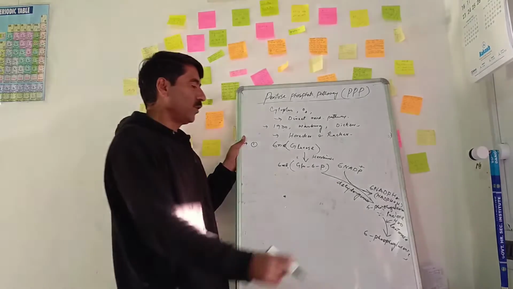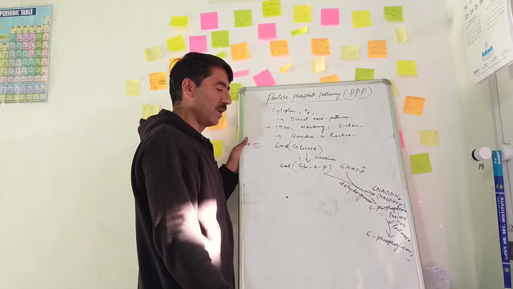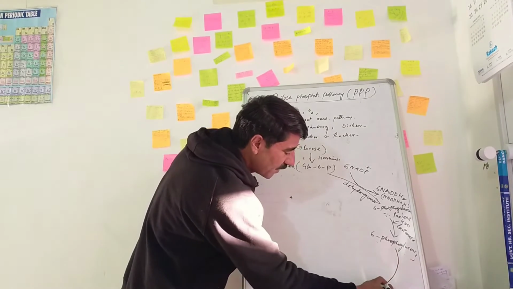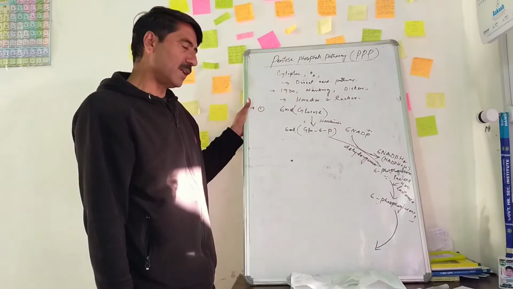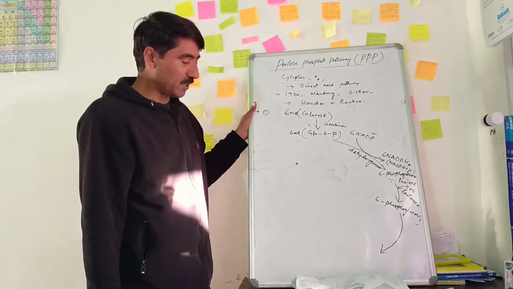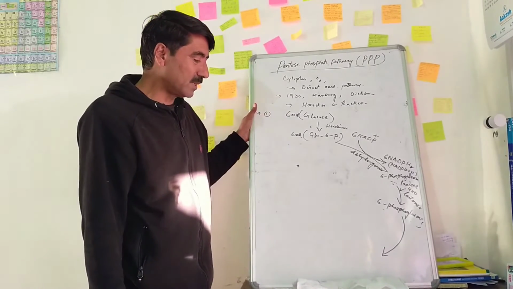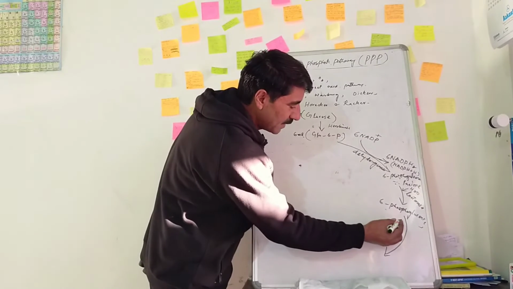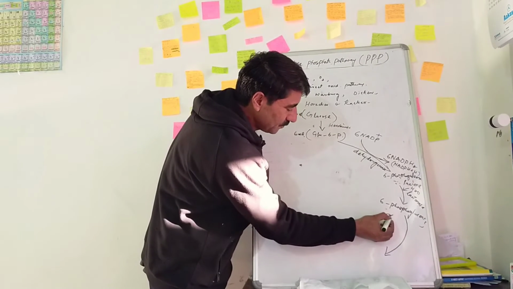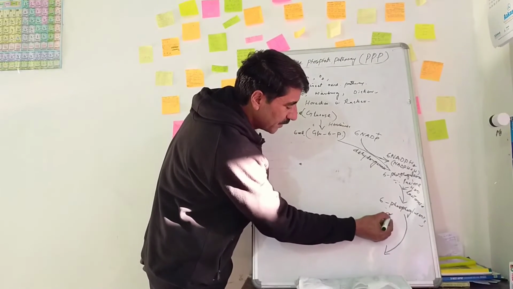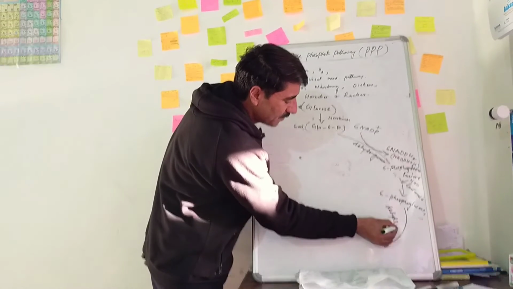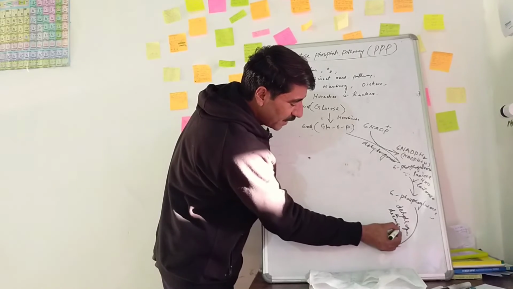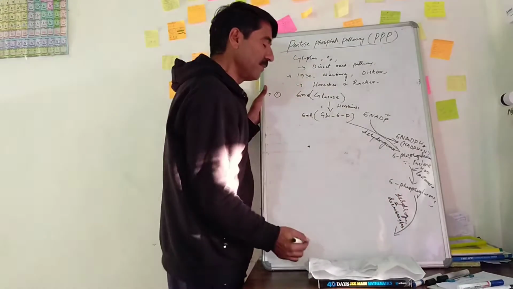Now here, during this step, there is dehydrogenation. In the next step, this 6-phosphogluconic acid is again oxidized. There is once again dehydrogenation, but along with this, there is oxidative decarboxylation also. So here we can say the enzyme is 6-phosphogluconic dehydrogenase and decarboxylase, because this enzyme is both a dehydrogenase and a decarboxylase.